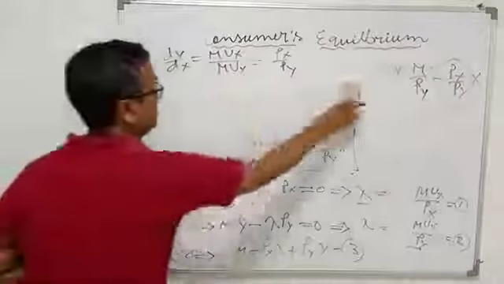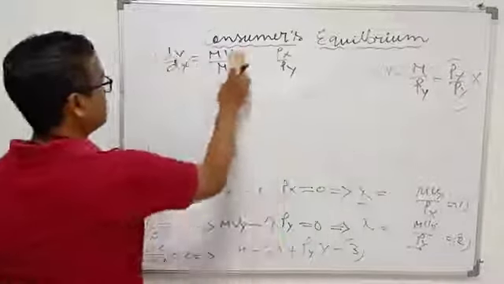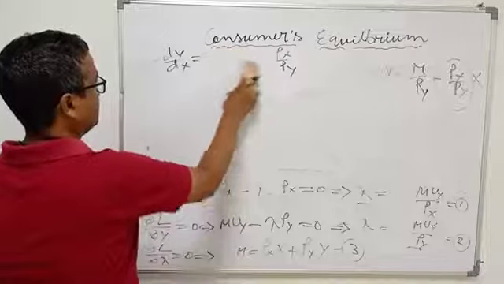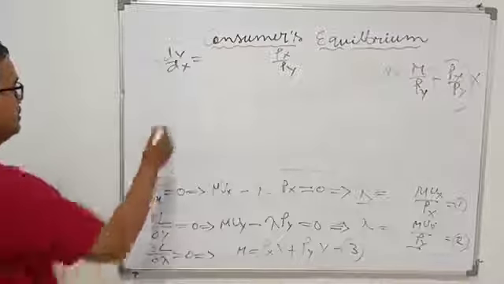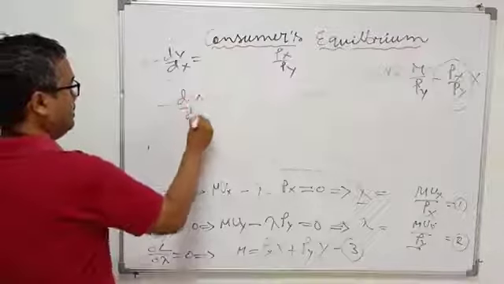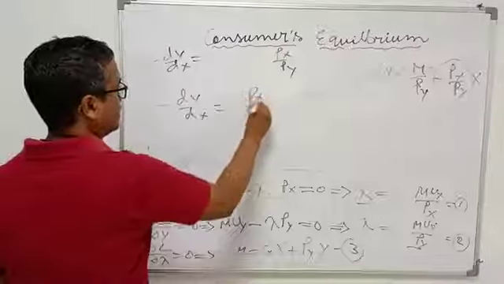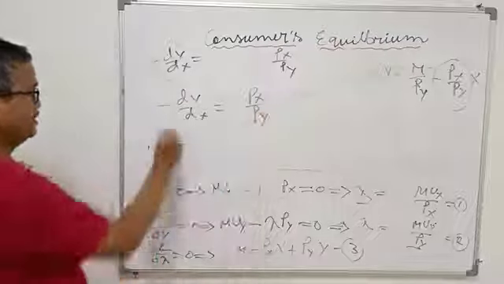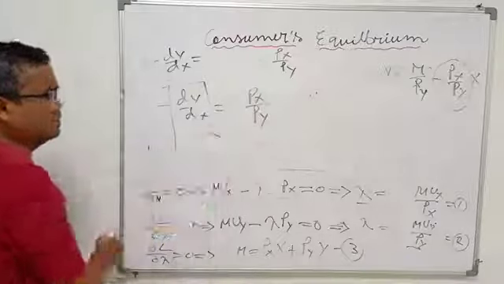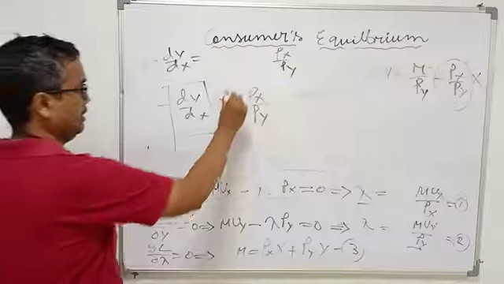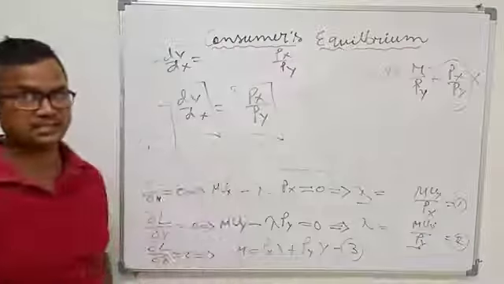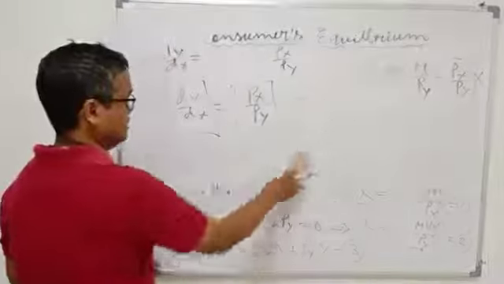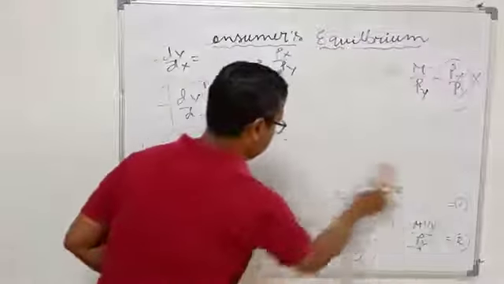So ultimately we are getting dy by dx equal to price of x by price of y. This is the slope of the indifference curve, and this is the slope of the budget line. This is the condition of consumer's equilibrium.